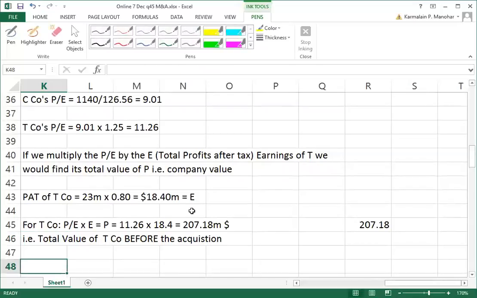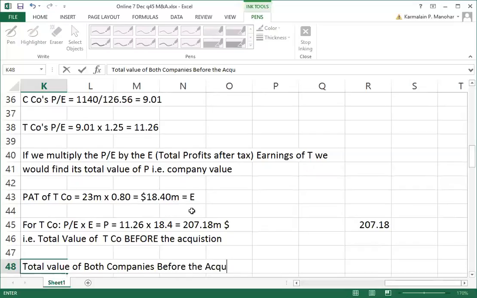So this will give us the total value of both companies before the acquisition.